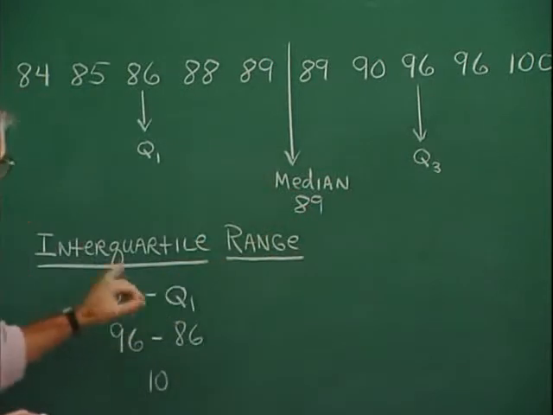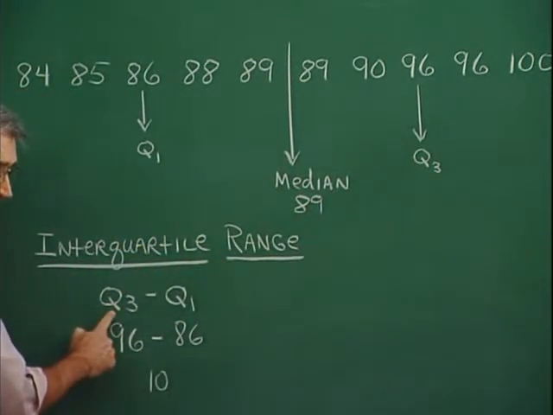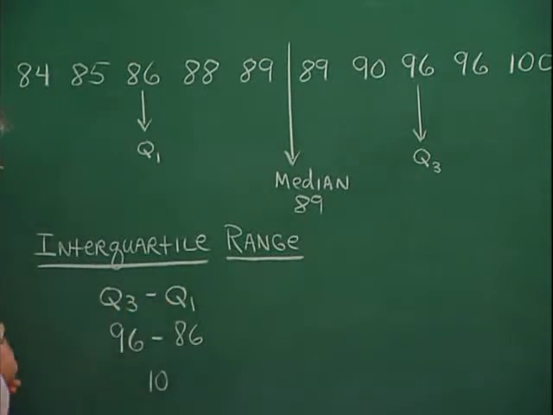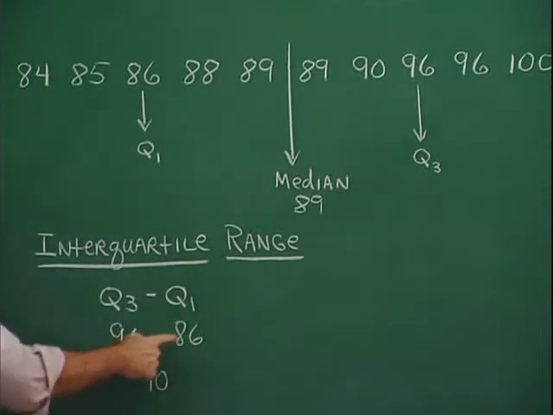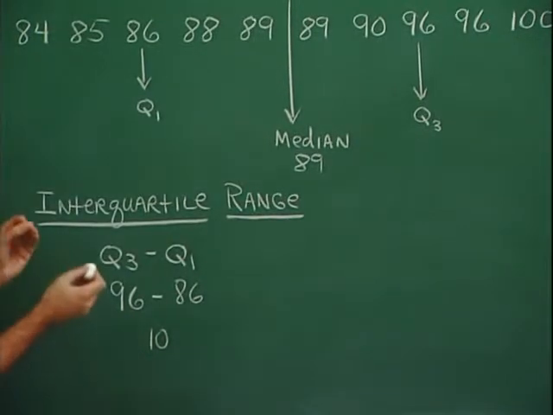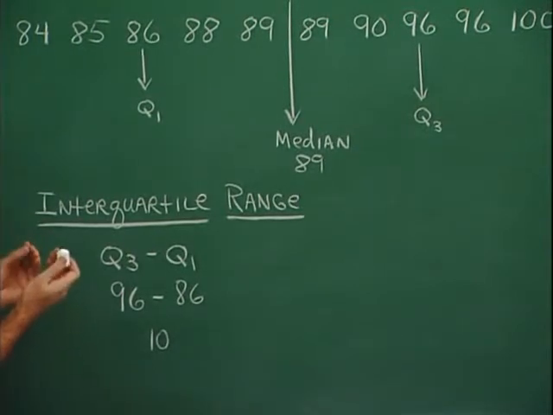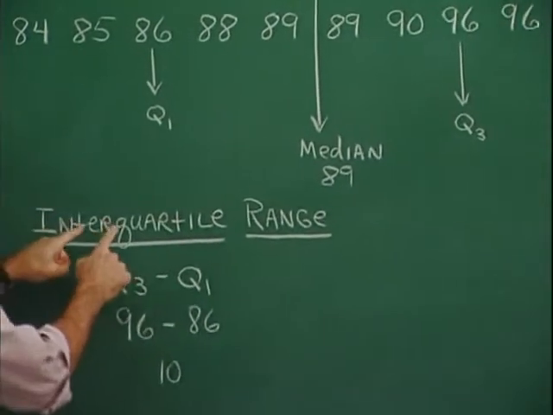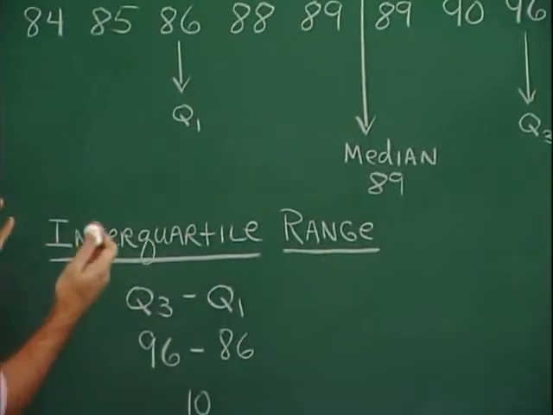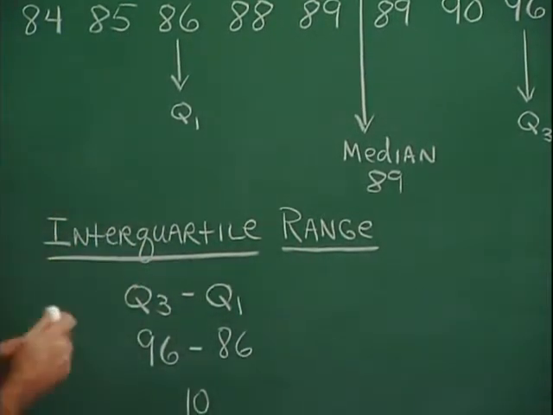And to calculate the interquartile range, you take the third quartile number and subtract the first quartile number. In this case, it would be 96 minus 86, so it would be 10. And this is telling us that the range of values in the data set is 10 in this interquartile range, in the half that is in the middle of the data set.